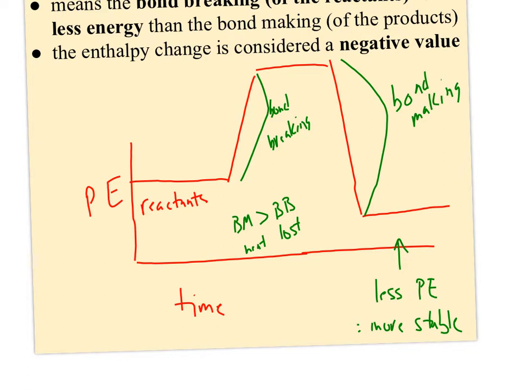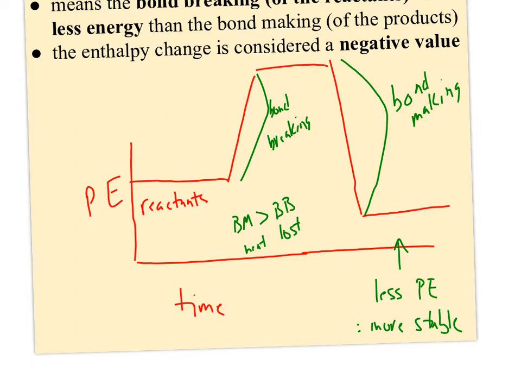So as new products are made, new bonds form, and that's along this side here, and the bond making is always exothermic, so energy is released. And in this case, you can see the difference in energy between the reactants and the products has decreased by this much, because the bond making released more energy than the bond breaking.